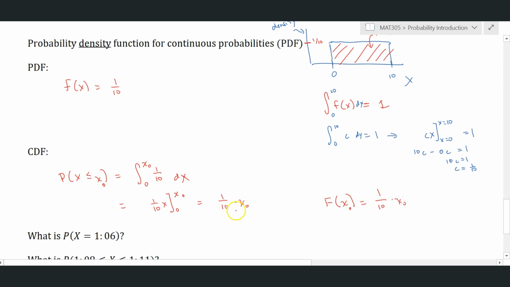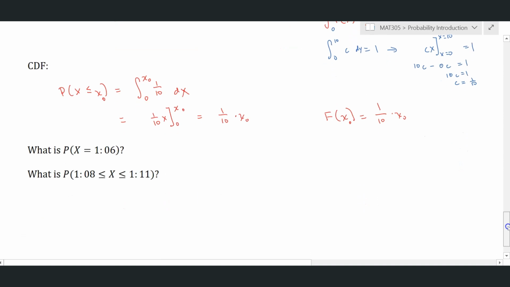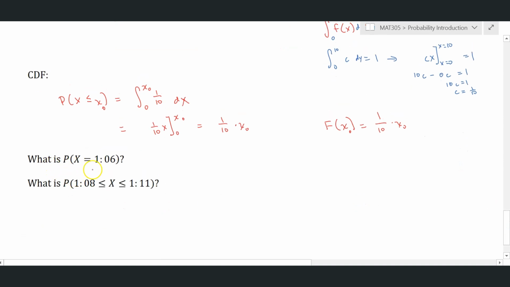So if I wanted to know the probability that x is less than or equal to 8, well, then I could say it's the integral from 0 to 8, which would be, well, there's an 80% chance that it arrives less than or equal to 8 minutes after 1:05. Now, for instance, what's the probability that the bus arrives at 1:06?